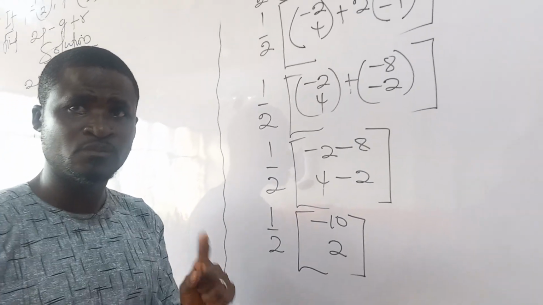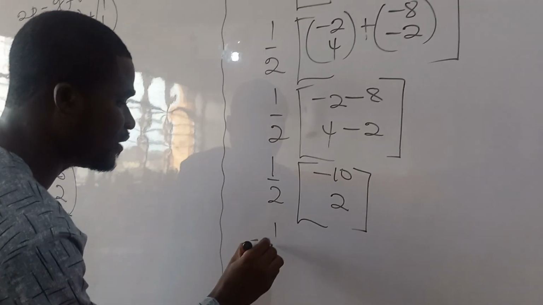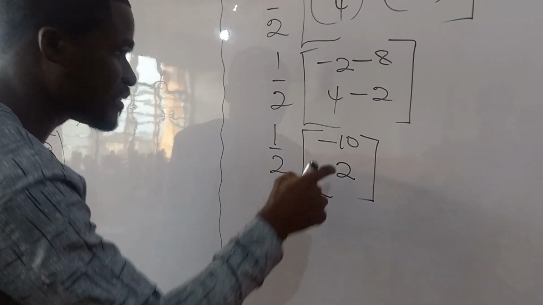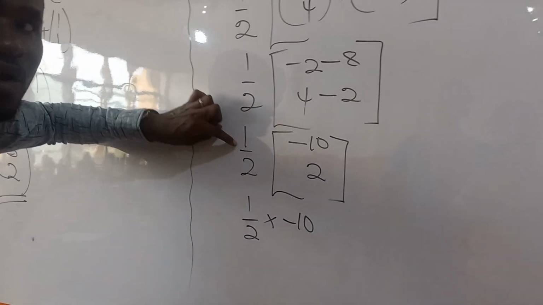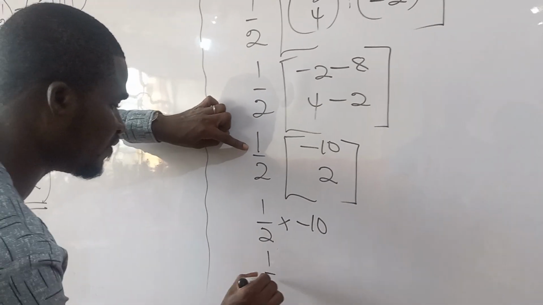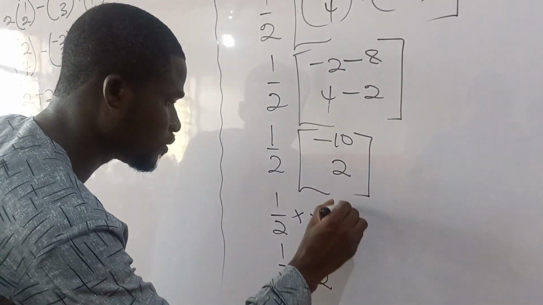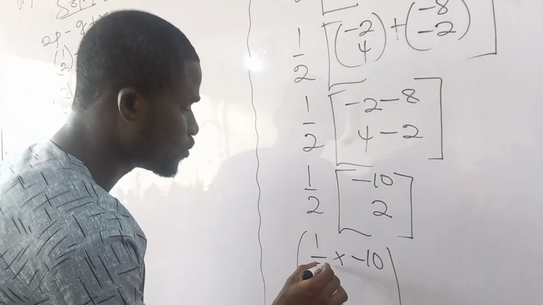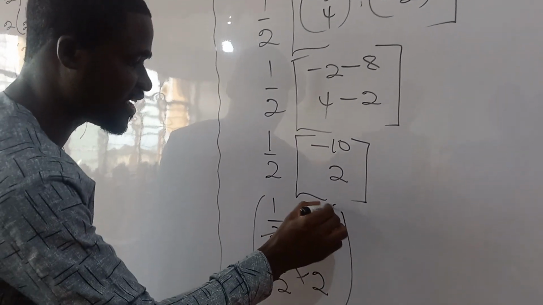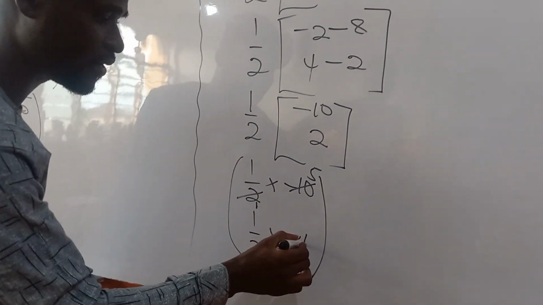So 1 over 2 times negative 10. Then the same 1 over 2 times this 2. So 2 in one bracket. Now let's cancel. 2 goes here 1, 2 goes here 5. 2 goes here 1, 2 goes here 1.